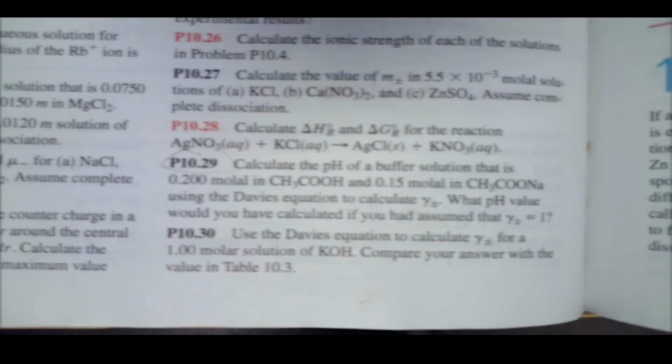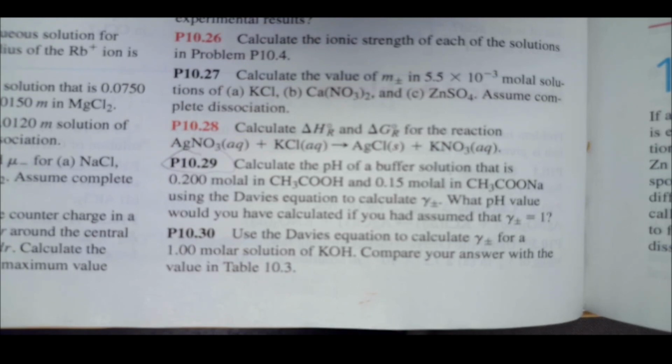Finally, 1029. Calculate the pH of a buffer solution that is 0.200 molal in acetic acid and 0.15 molal in sodium acetate using Davies' equation to calculate the mean activity coefficient. What pH value would you have calculated had you assumed that the activity coefficient is 1?